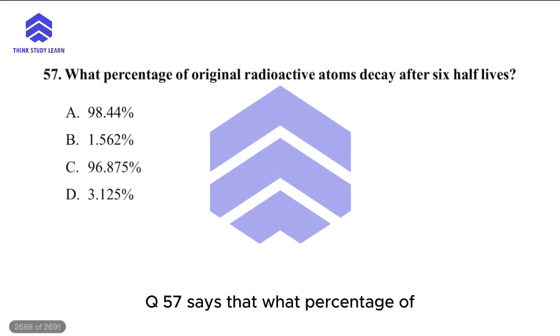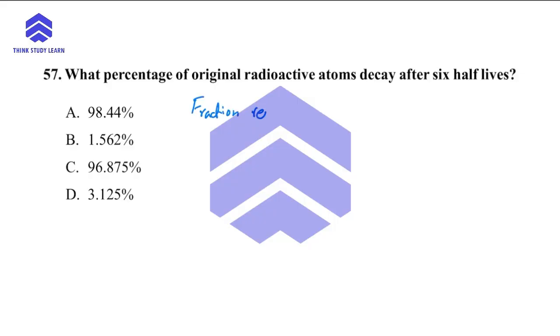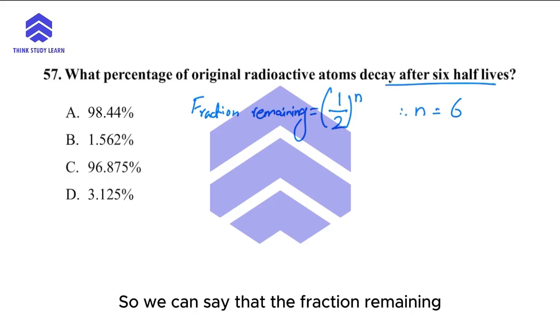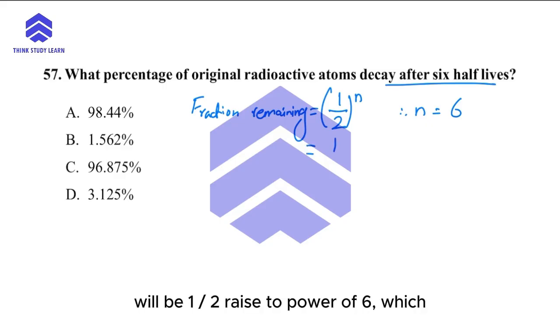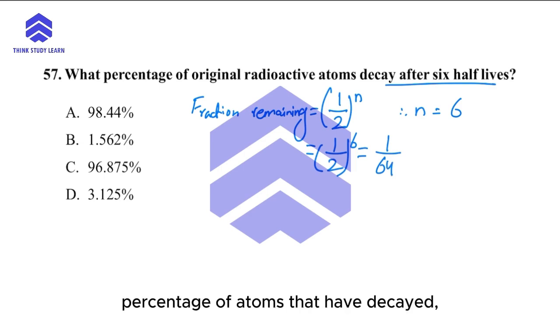Question 57 says that what percentage of original radioactive atoms decay after 6 half-lives? We know that fraction remaining is equal to (1/2) to the power of n. According to the question, n is 6. So the fraction remaining will be 1 over 2 raised to the power of 6, which is equal to 1 over 64. To find the percentage of atoms that have decayed, we have to subtract the fraction remaining from 1 and then convert to a percent.